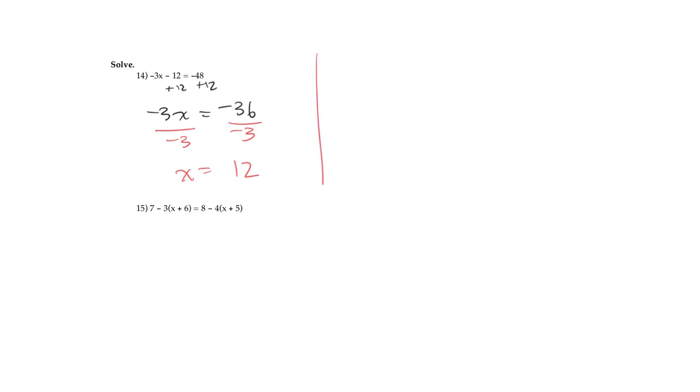And if you wanted to, you could check that. Negative 3 times 12 minus 12. Does that give you negative 48? Negative 3 times 12 is negative 36. And if you subtract 12, sure enough, it gives you negative 48. That means my answer there is correct.